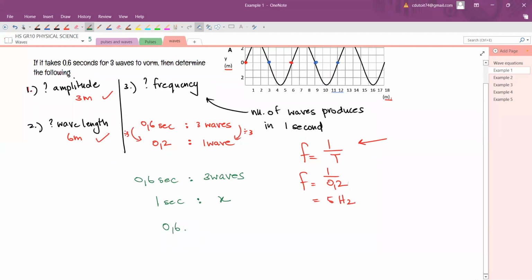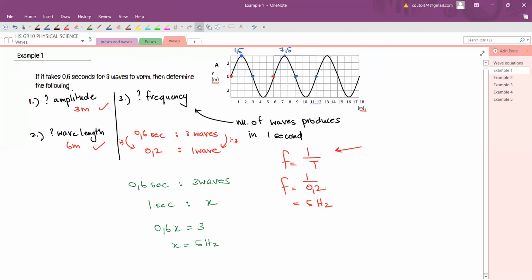Then you get 0.6x equals 3. And then if you divide that, you get 5 hertz. The first method is nice because you first calculate the time it takes for one wave to form, which was 0.2 seconds. Are you happy with that? This is very important. Okay, so can I delete that or make that small?